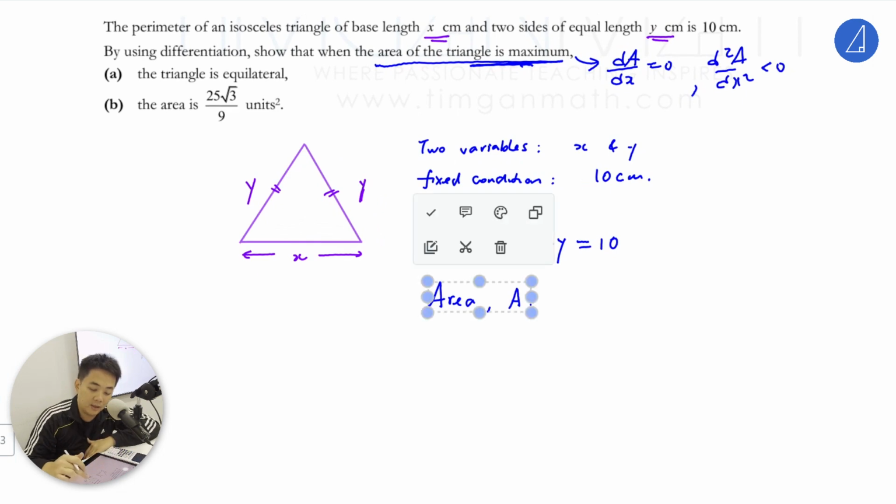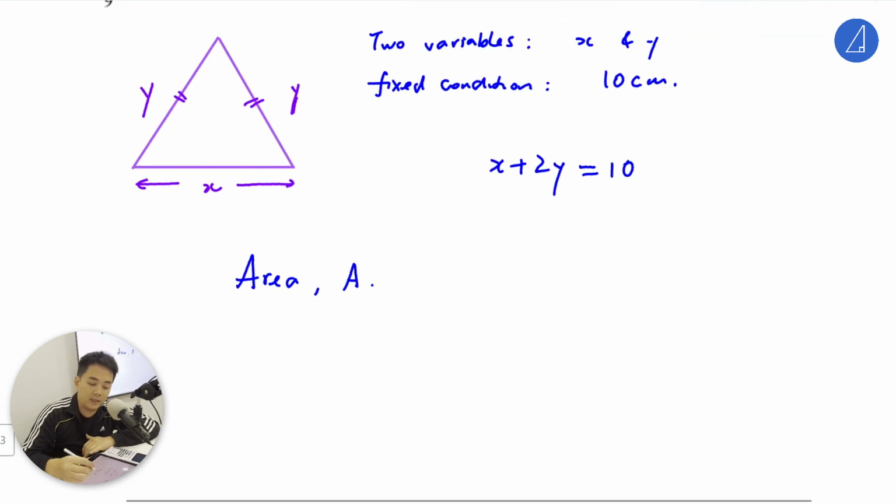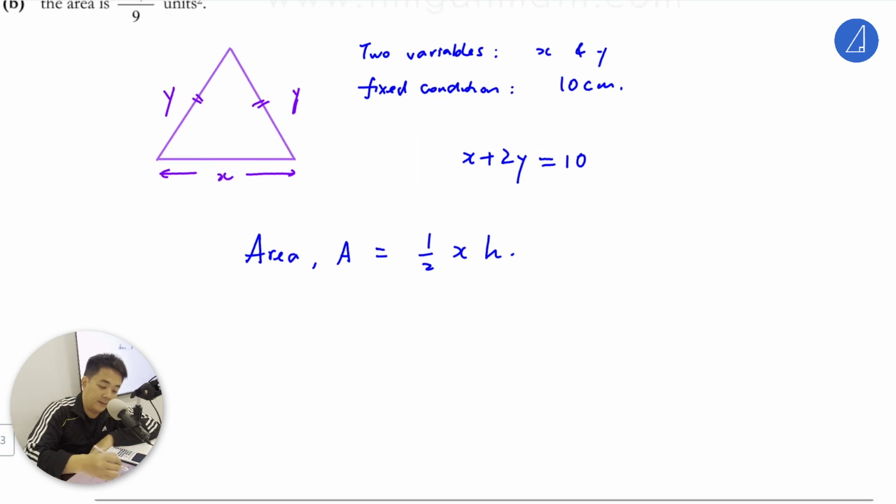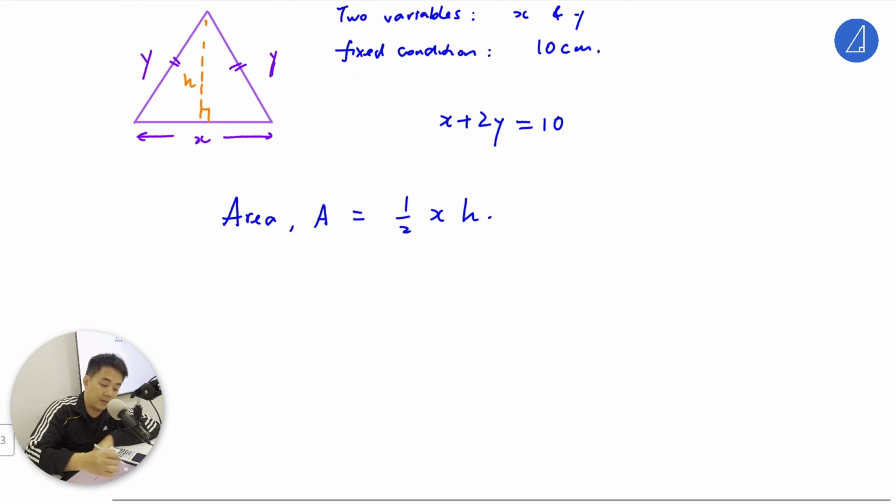So if we just want to find the area here, it would be half times base times height, right? The height here, if you think about it, is just Pythagoras' theorem. So the height squared plus half x squared is equal to y squared.